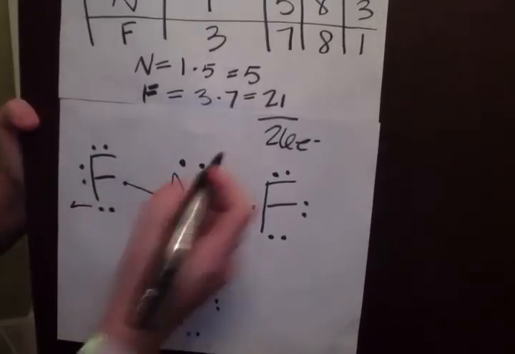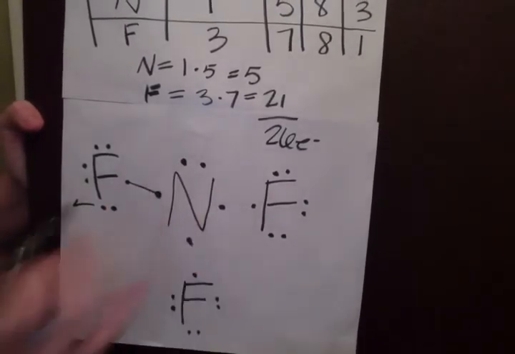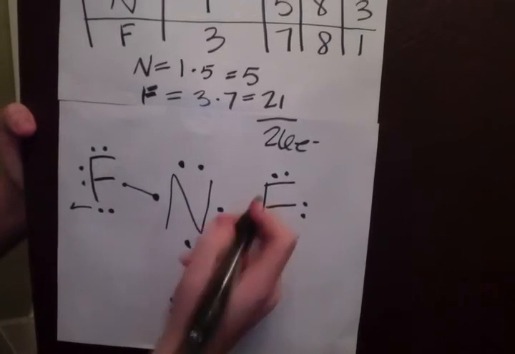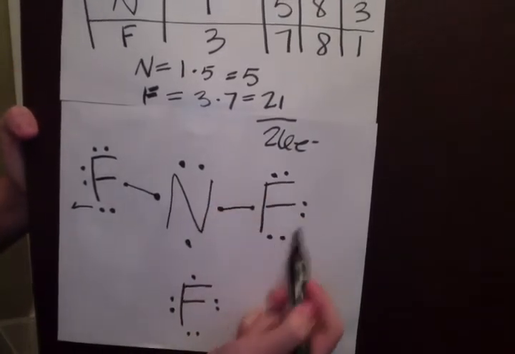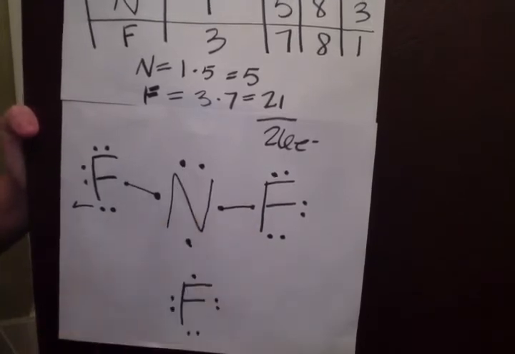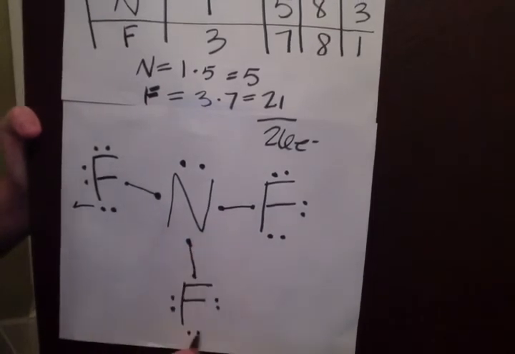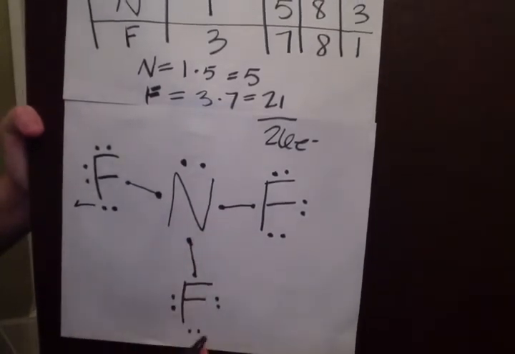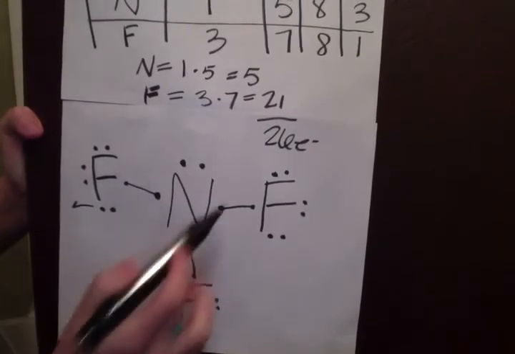For nitrogen, it still has 2, 4, 6, so nitrogen still needs 2 more. So we can make a connection over here, which gives this one 2, 4, 6, 8, and this one 2, 4, 6, 7. So it still needs another connection. So we could go from nitrogen to this fluorine, which gives this fluorine 2, 4, 6, 8, and then back to nitrogen 2, 4, 6, 8.